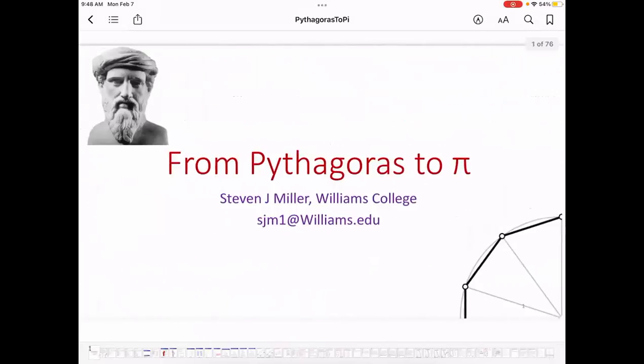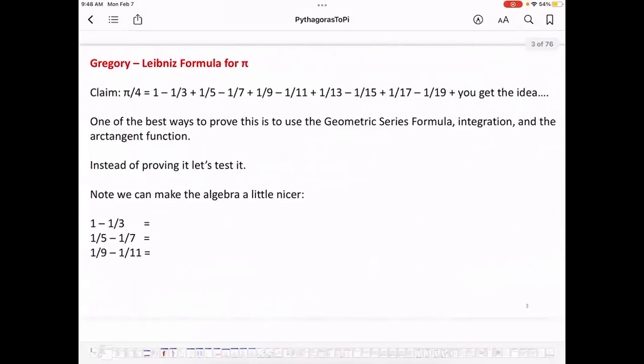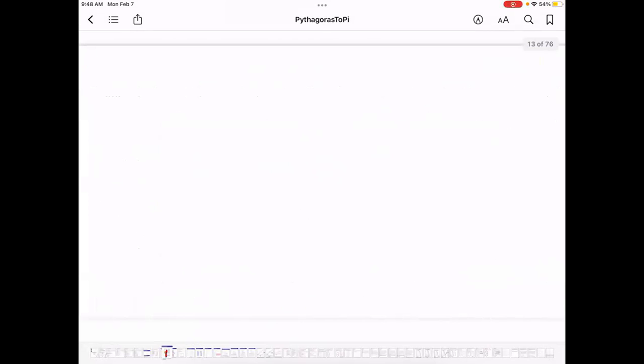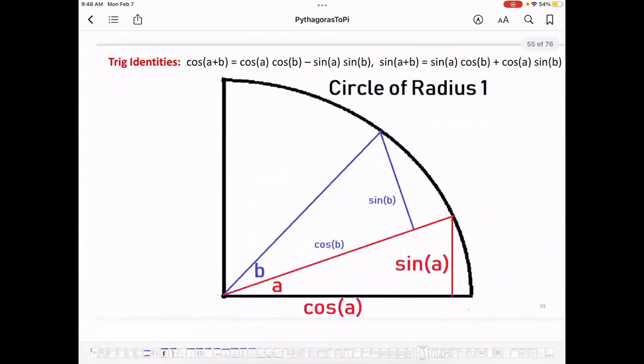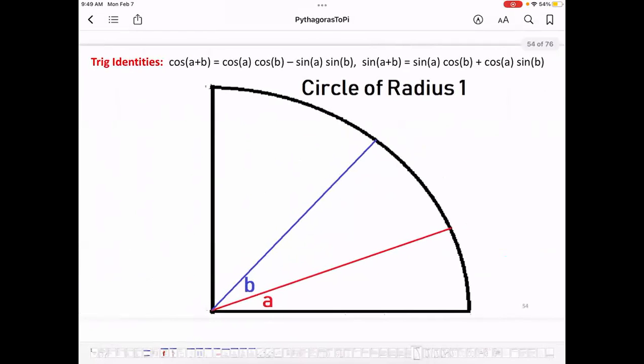Let's see, where's my first circle? Okay, here we go. When you look at a circle, you can ask, what is the length of the arc you're going from, say, so many degrees? It turns out if you have a unit circle, the perimeter of the circle is 2 pi, and the angular measurement is 2 pi.